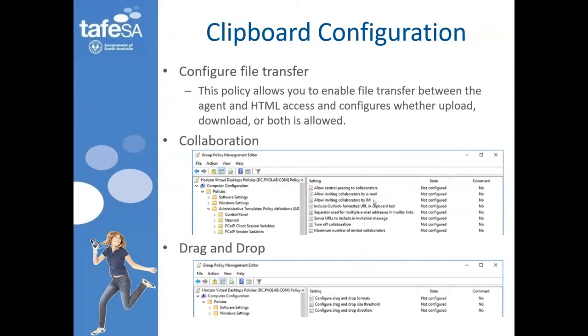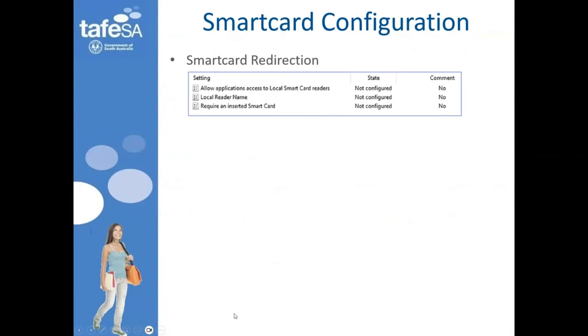So besides the administrator seeing it, they can give it to someone else to control their computer. And there's other ones where you can invite the collaboration by email, by instant messaging, and so forth. Then there's this drag and drop, which is basically drag and drop instead of copy and paste. Okay.